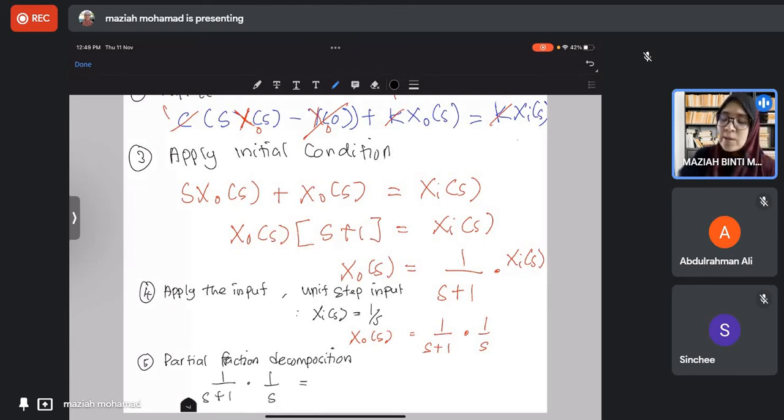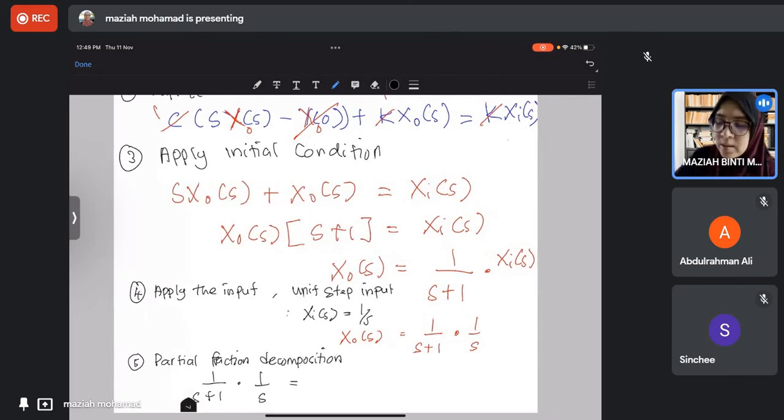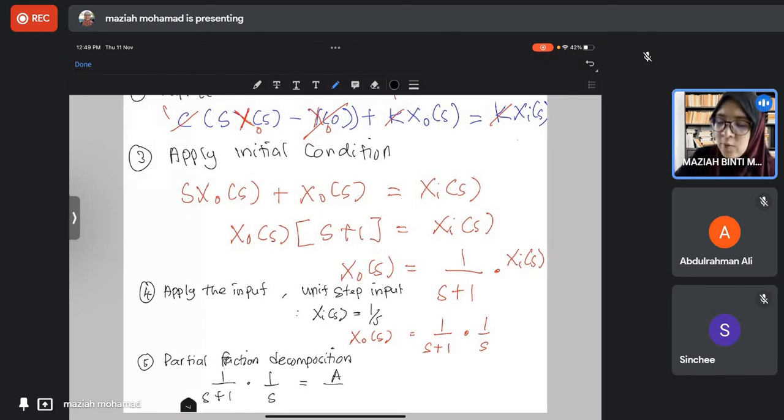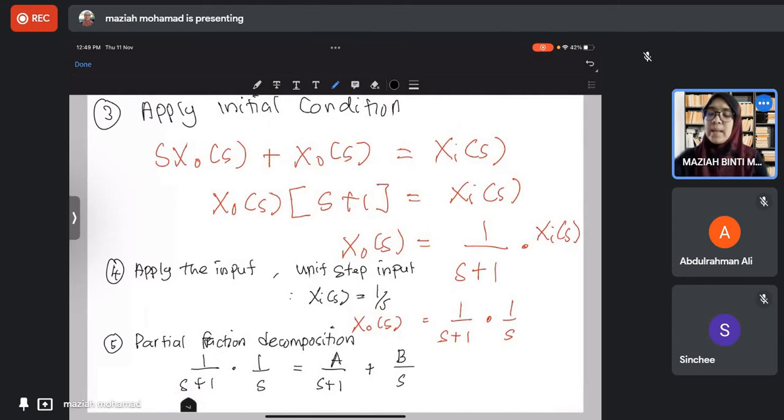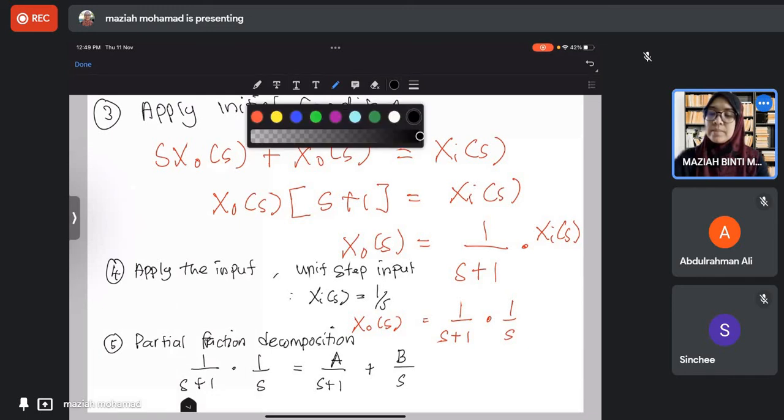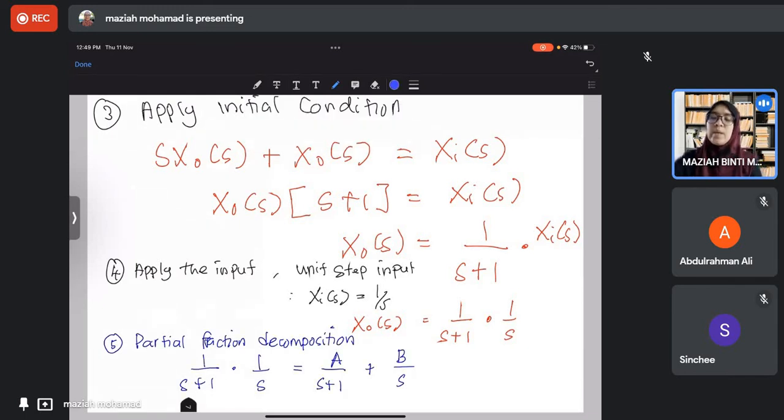In the partial fraction, this is equal to a over s plus 1 plus b over s. We need to solve for a and b.